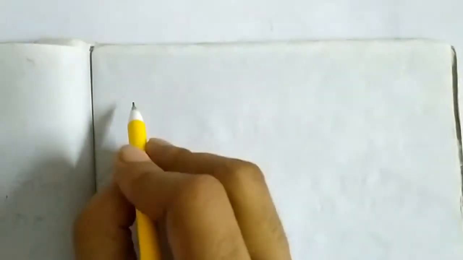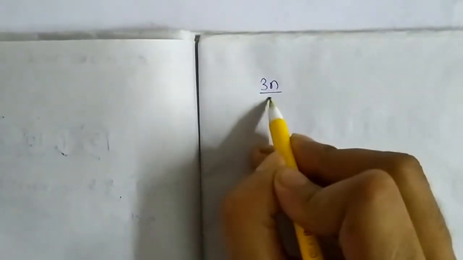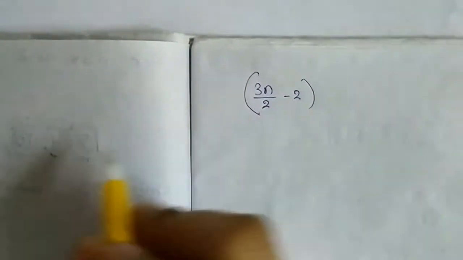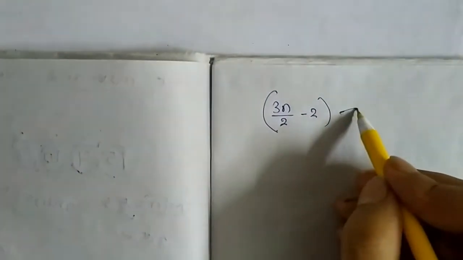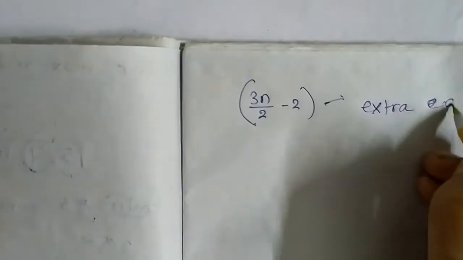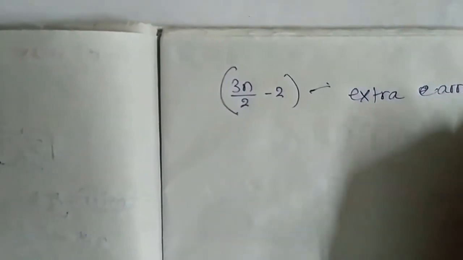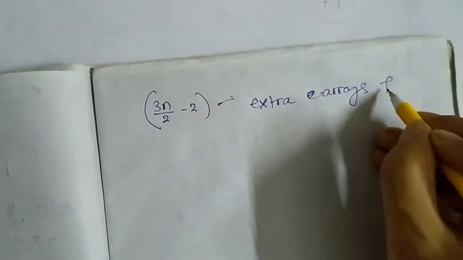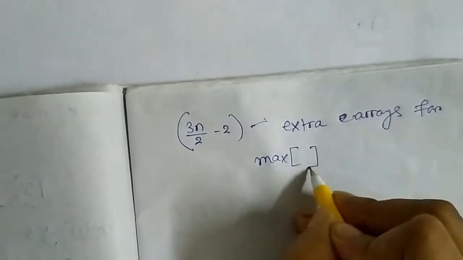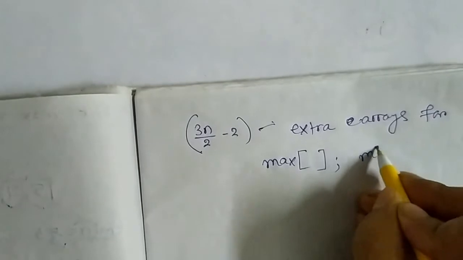But though we could find the minimum and maximum element after 3n by 2 minus 2 comparisons, in that algorithm we use an extra array, an extra array for maximum and minimum.